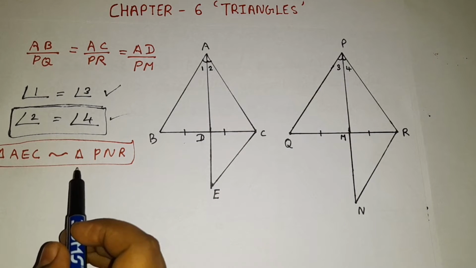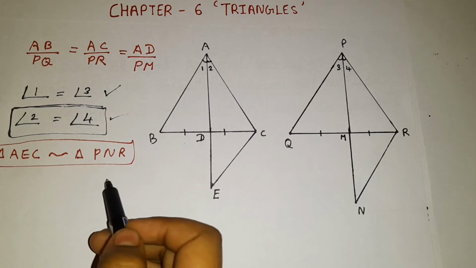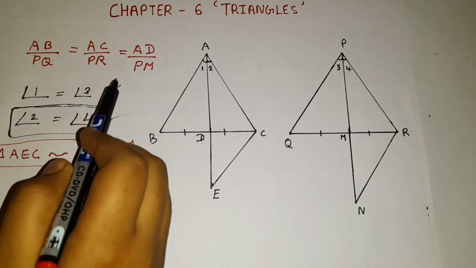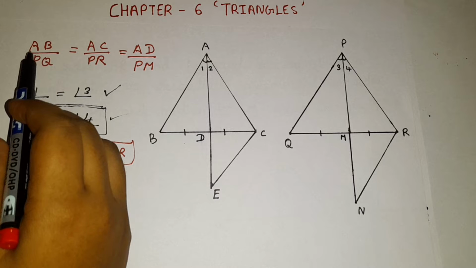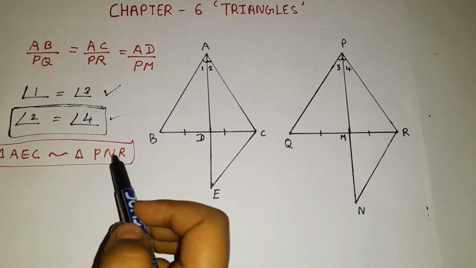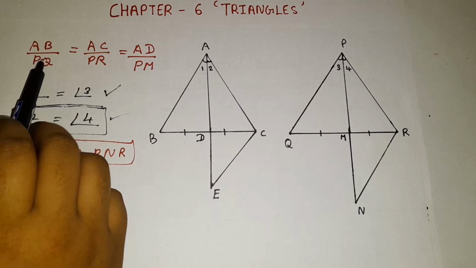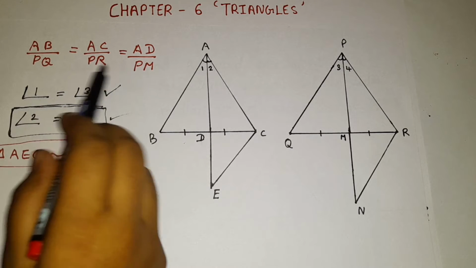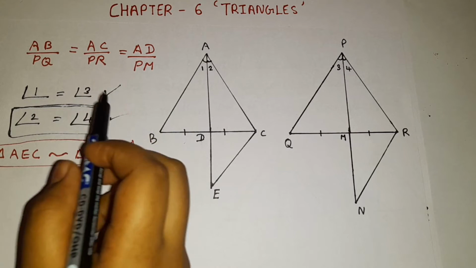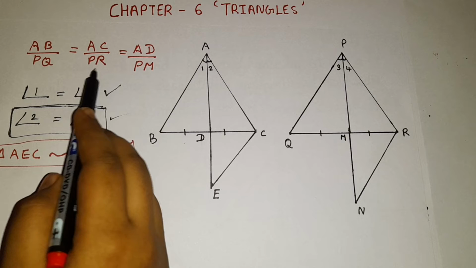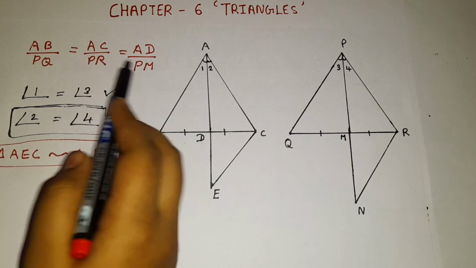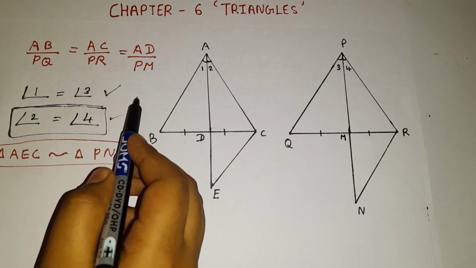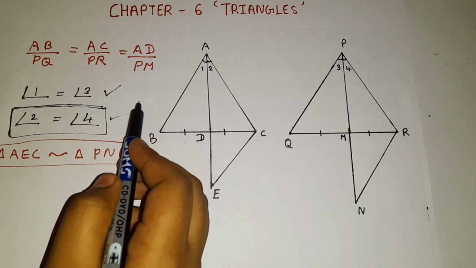For proving it is similar, I need information. If I take the information from the question, I am sure that I won't be able to use this one. Why? Because this value is not lying in these both triangles at all. But I can use these two values, but one information is missing. These both are sides. So I have two pieces of information.